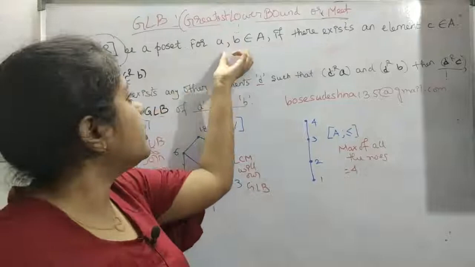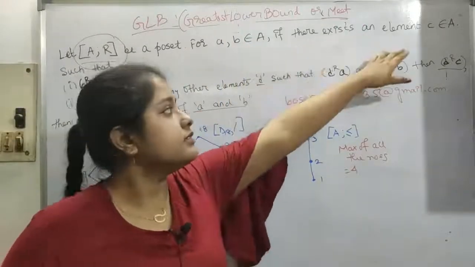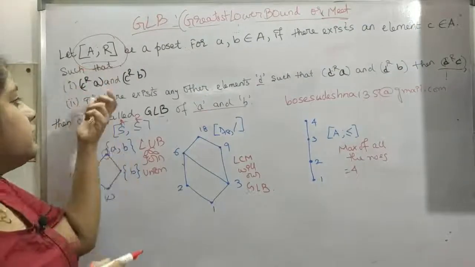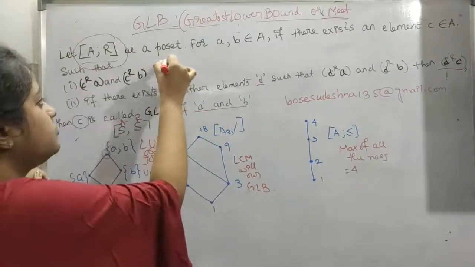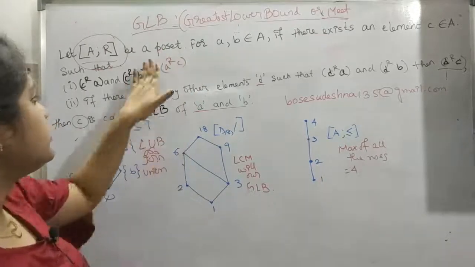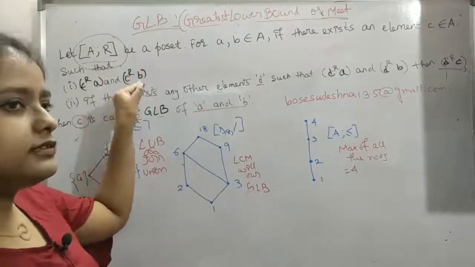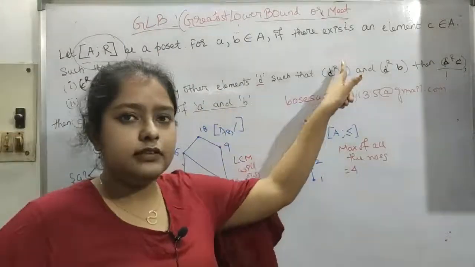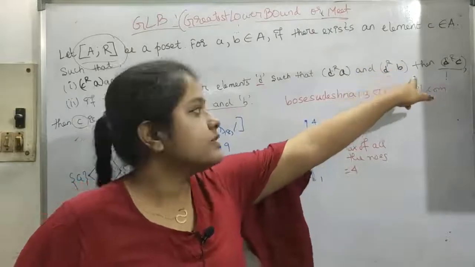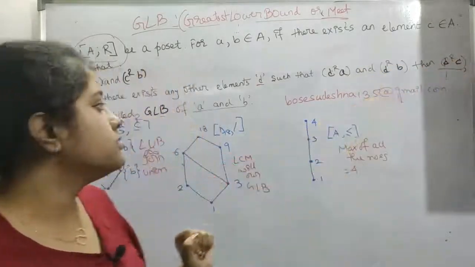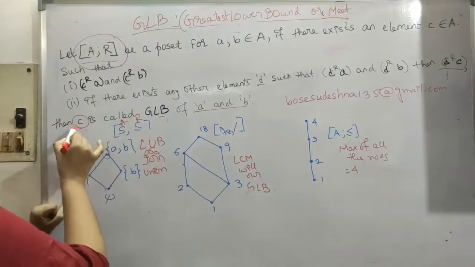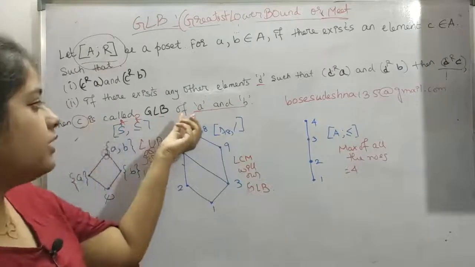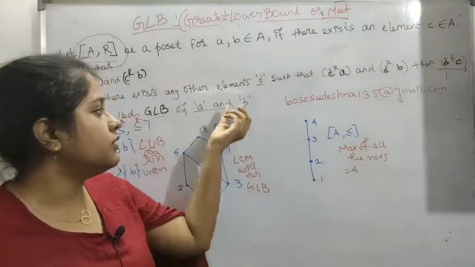If for A, B belonging to A, there exists C belonging to A such that C is related to A, which is the opposite of A related to C, that is, C is related to A and C is related to B. If there exists any other element D such that D is related to A and D is related to B, then D will be related to C. Then C is called the GLB of A and B, the greatest lower bound or meet of A and B.